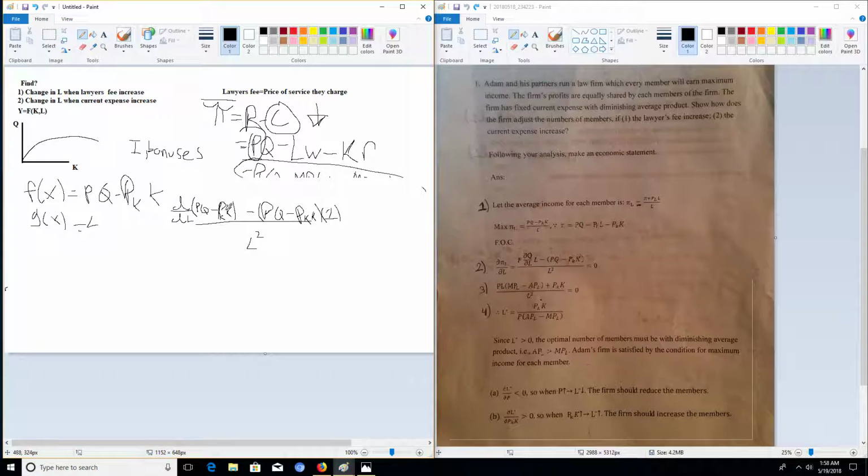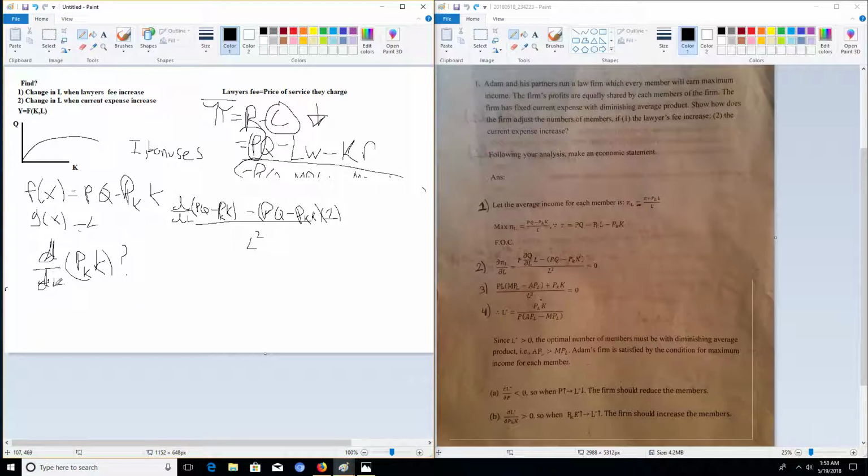So let's do the p sub k thing first. What is dl of p sub k times k? If you didn't know, you have to find the derivative of each one. Since it's a subtraction, you find the derivative of this and subtract it from the derivative of that. So we're doing the derivative of p sub k times k first. Sorry, I skipped a step there.